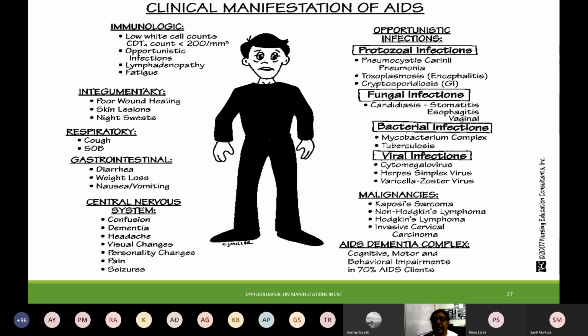The AIDS dementia complex is where behavioral abnormalities may be seen, along with cognitive and motor disease, or CNS symptoms such as confusion, dementia, headache, visual changes, personality changes, pain, and seizures.